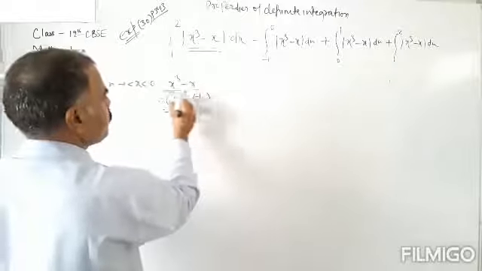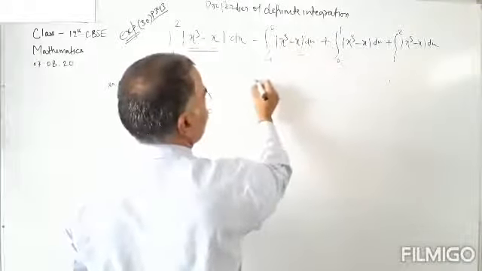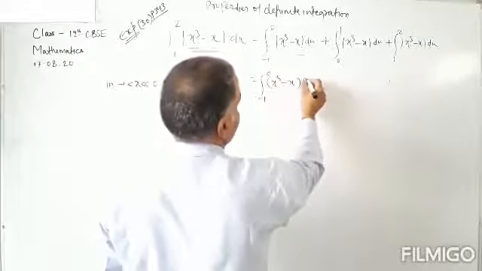So the sign of this function is positive in this interval. So this is the integration from minus 1 to 0 of x cube minus x dx.